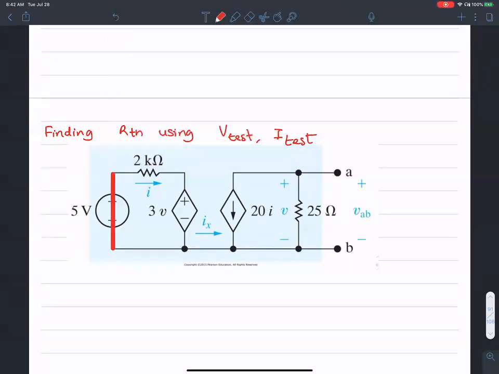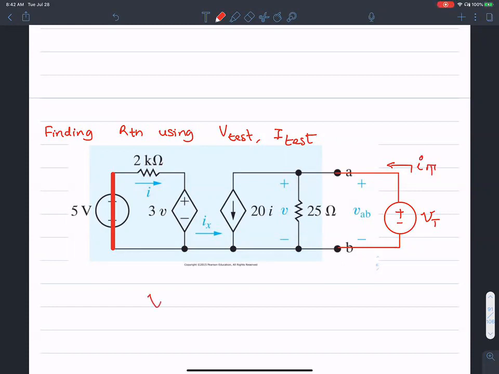So what I do is an interesting technique of applying a hypothetical test voltage. I'm going to apply a test voltage, V test, and look at the current going in, I test.